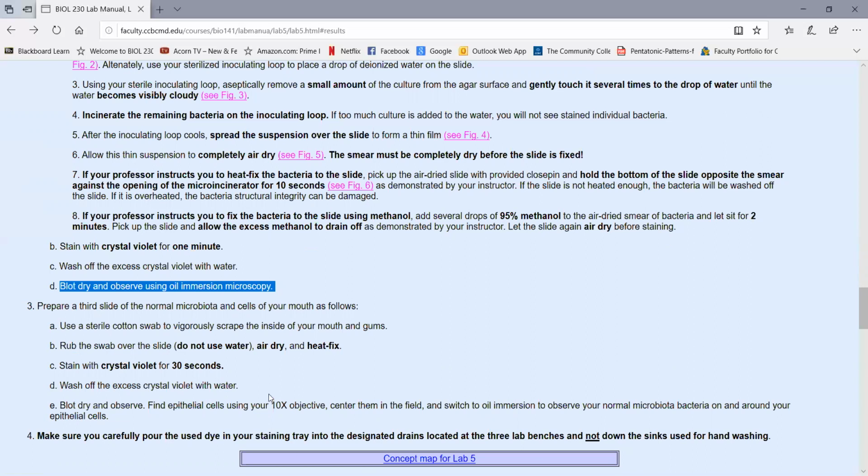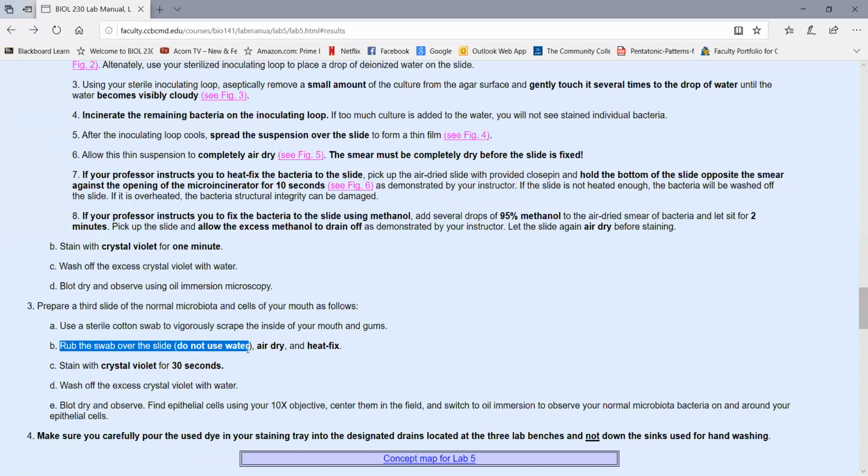Now, if time permits, you're going to make a third slide showing normal microbiota and the epithelial cells in your mouth. So in this case, you're going to take a sterile cotton swab and vigorously scrape the inside of your mouth and gums. Then rub the swab all over the top of a clean slide. You don't have to use water, your saliva will take care of that.